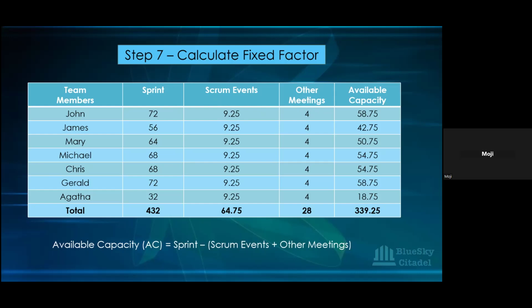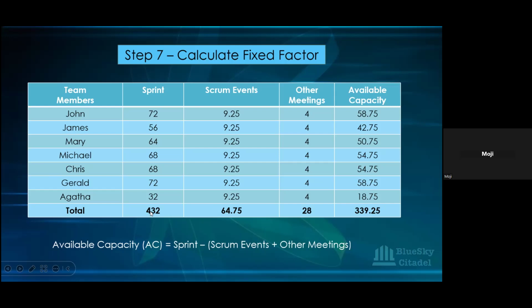So your 13.25 is what you deduct from everybody, and then you get available capacity. So imagine John now from his 72 hours. By the time we deduct the hours from meetings and Scrum events, it's come down to 58.75 hours. That is his available capacity. Okay, and that goes for everyone.